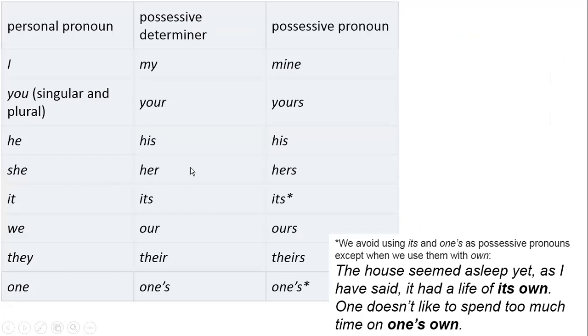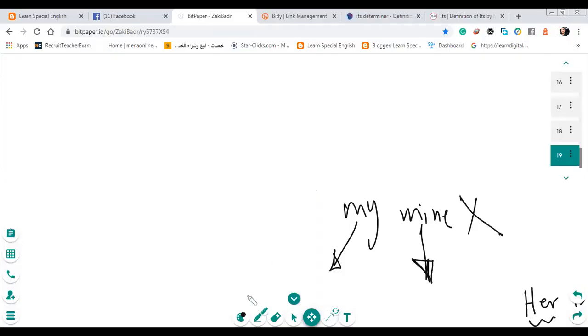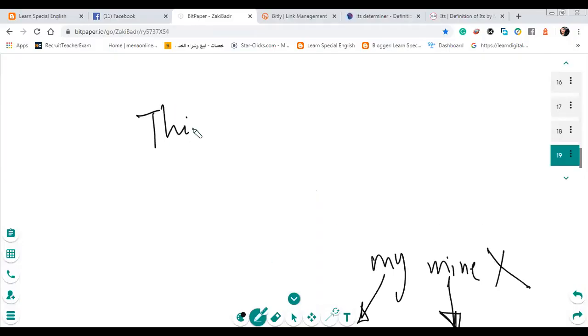This is her phone. This is hers. This is the answer in question. Is this her phone? Is this hers? This is our car. This is ours. When you say this is ours, it means this car belongs to us. So you can say it this way. This car is ours.